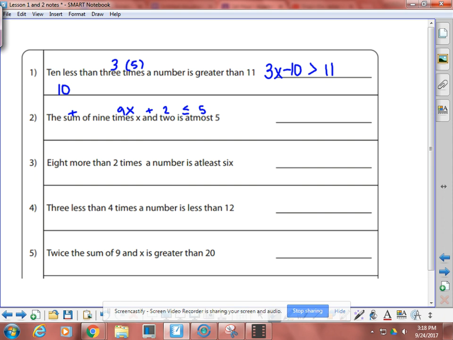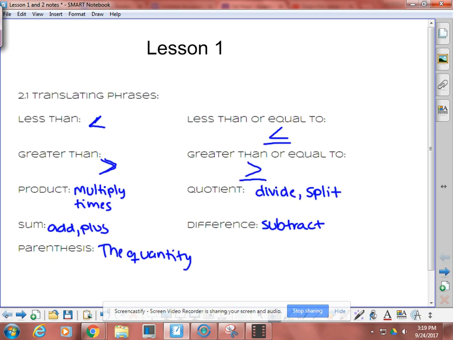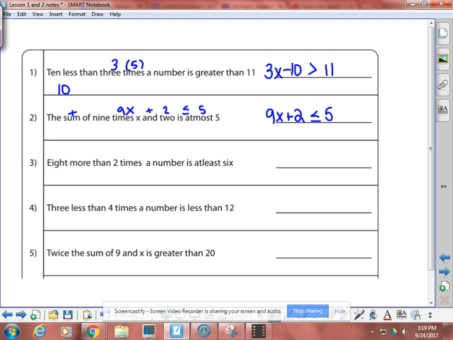So when we write this, we're going to put 9x plus 2 is less than or equal to 5, because it's at most 5. So with sum, the word and might get added to our list. So add and might get added to our list with that.